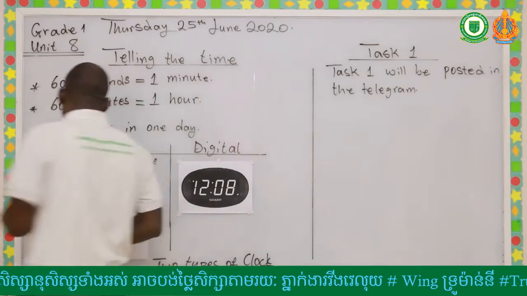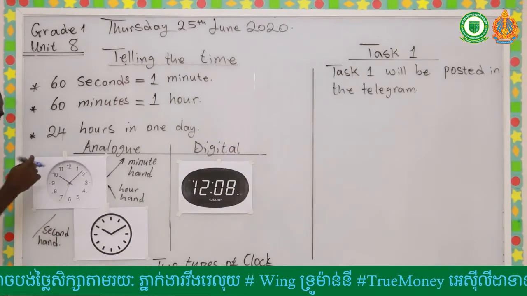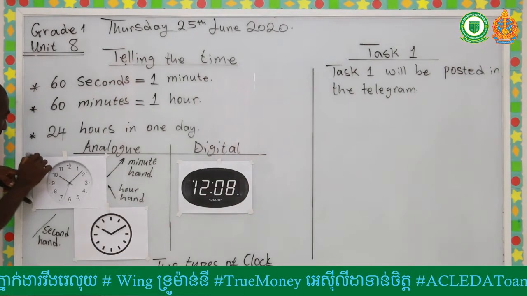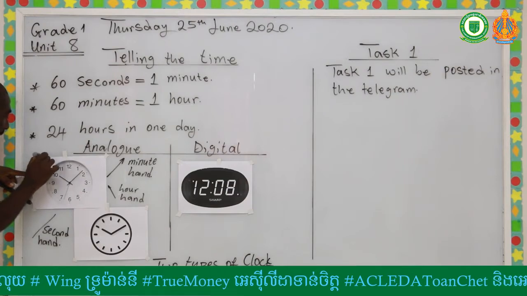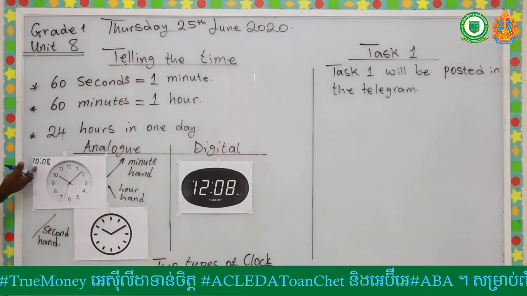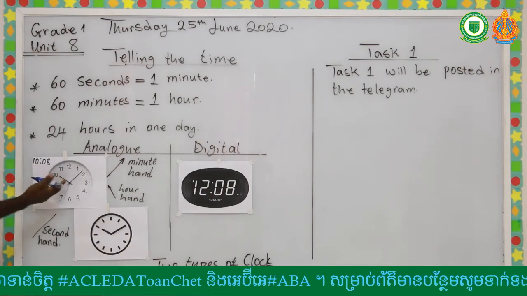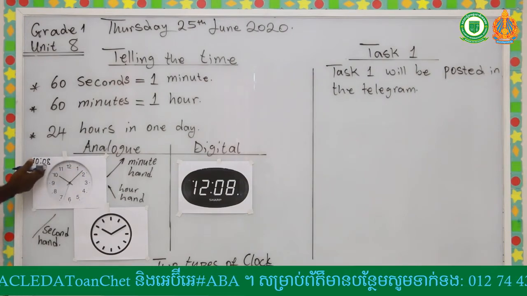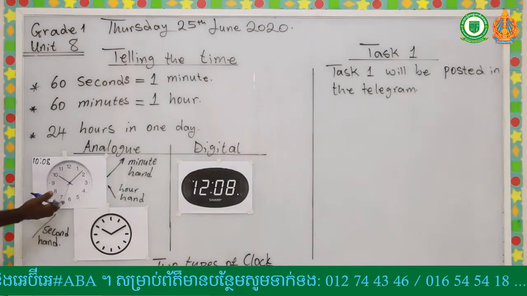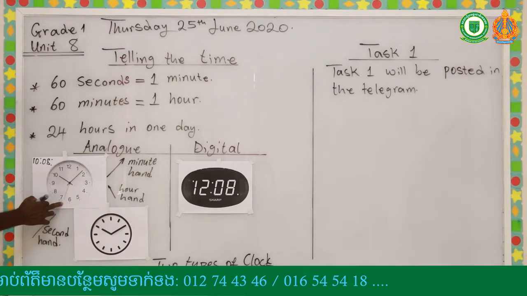So let's try to write our time here. The time that we see on this clock will be 10, 0, and 8. We write 10, which is the hour, and then the minute, which is 8. For second, if you want to write a second, you have to put another dot and then write your second.